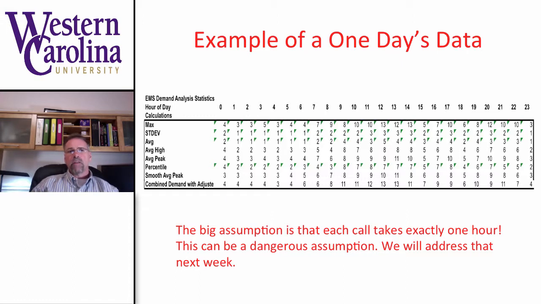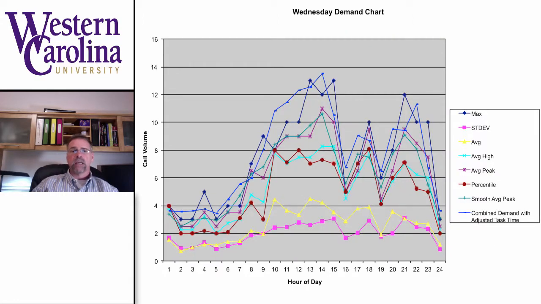So think about how that would influence the availability of your ambulances if these calls last more than an hour. Well, definitely, if they're lasting more than an hour, we're definitely going to need more resources than what we calculate. On the other hand, if they only last 20 minutes, then we would only need a third of the resources. Well, next week we'll look at something called queuing theory that actually takes that into consideration.